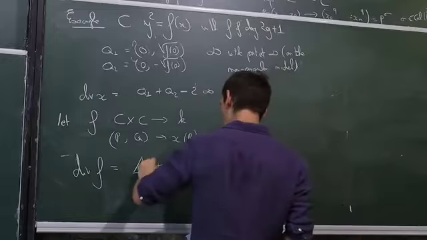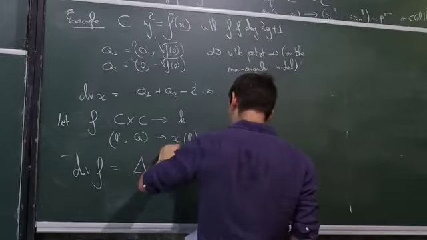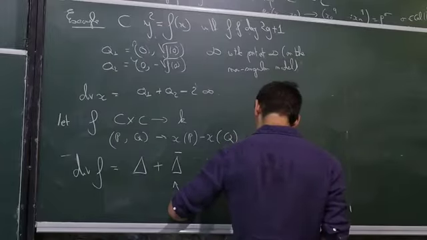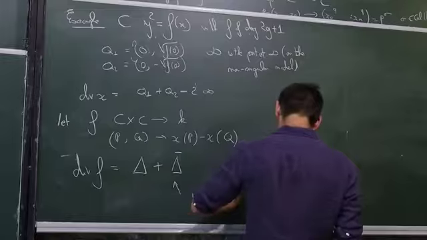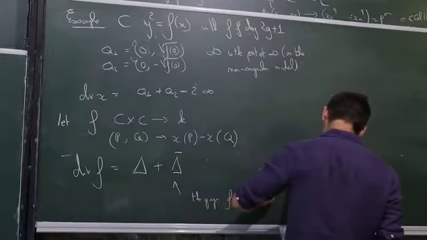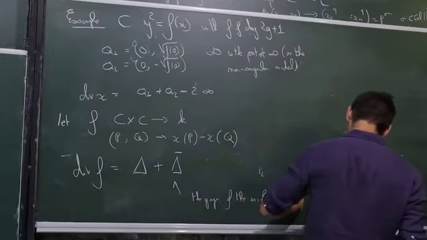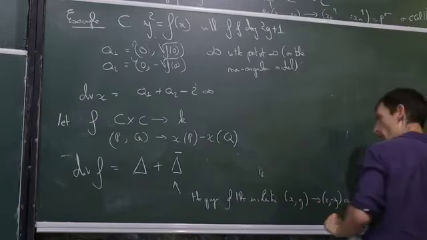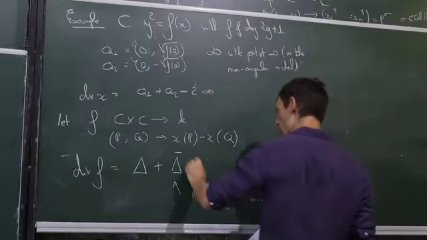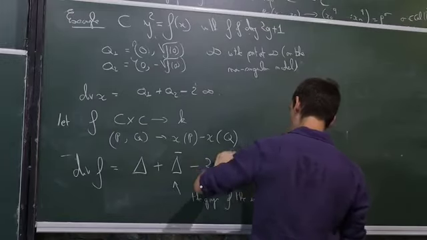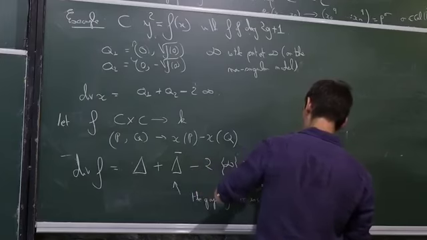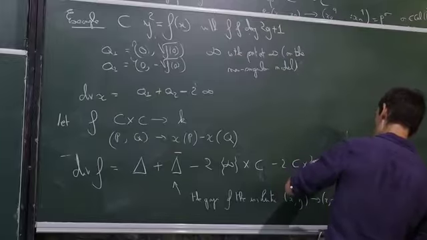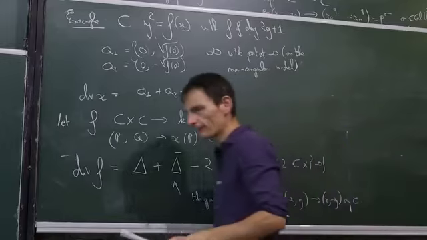So what you have is also a copy that I call delta bar, which is the graph of the involution (x,y) goes to (x,-y) on C. And then you have also the contribution at infinity, so 2 times infinity times C minus 2 times C times infinity. Okay?